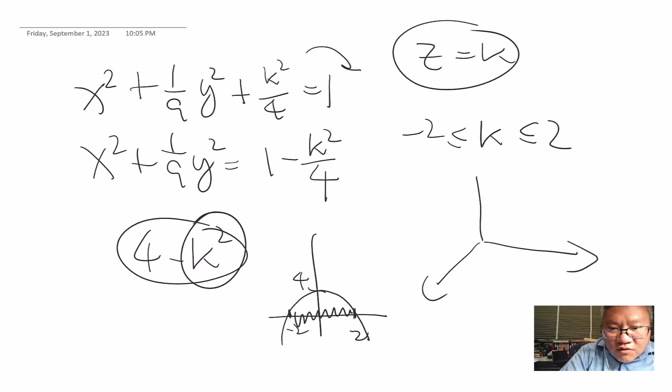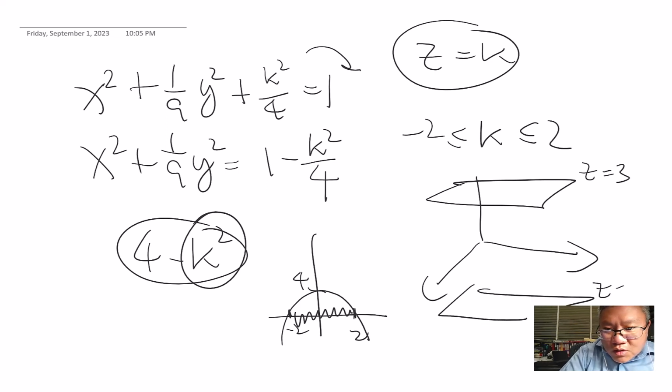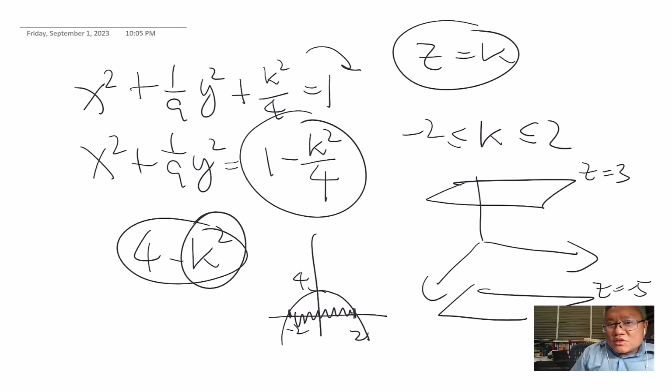So now you know something. For whatever this object is, if you go too high, let's say your z is 3, you don't get anything. There's nothing. If you do z equals -5, you don't get anything either. But if you do z between -2 and 2, then this part here is actually a positive number, or it's 0, and then this thing here gives you an ellipse.